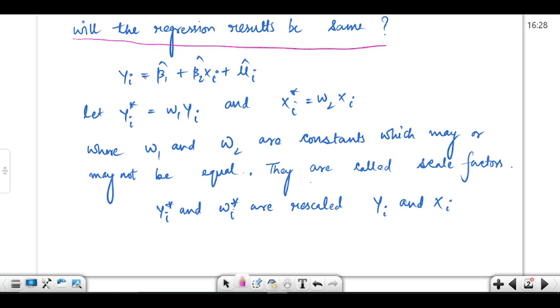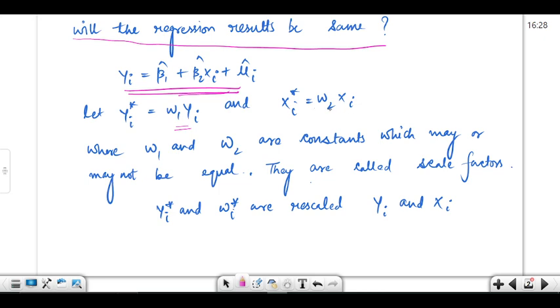This is my normal regression equation. Let yi star, a new variable, be equal to w1 into yi. So yi star is a multiple of your yi, and the multiplying factor is w1. Similarly, we have xi star, which is w2 xi.